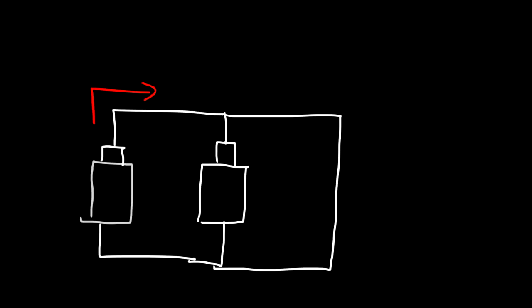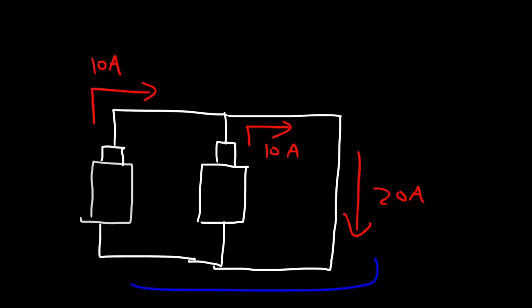This will still deliver 10 amps of current, and this will deliver 10 amps of conventional current. So the total current flowing in this branch will be 20 amps. So if you connect two batteries parallel to each other, you can increase the current that they deliver to a circuit. Now keep in mind the electrons are flowing in the opposite direction, from negative to positive.